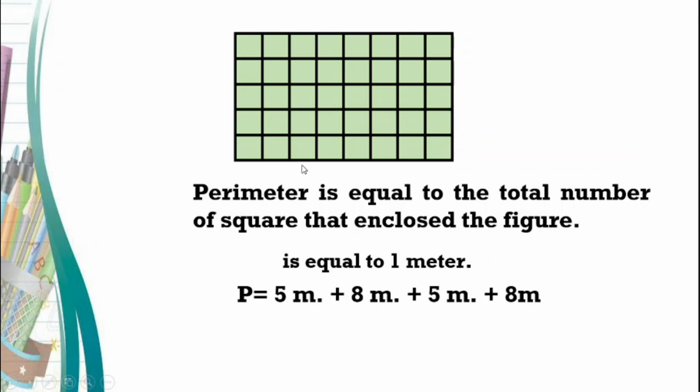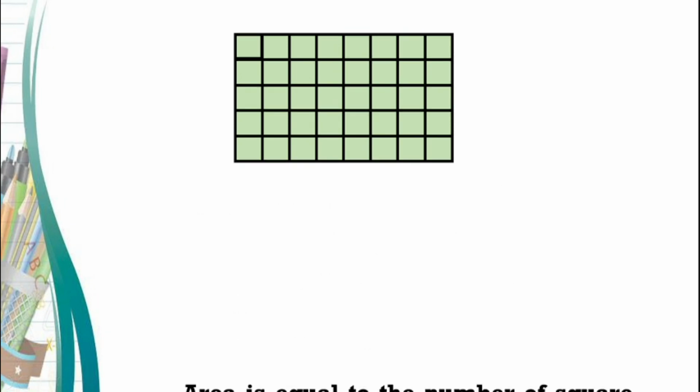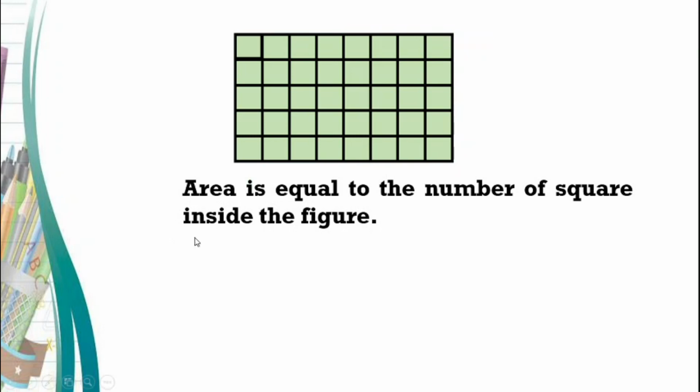And 1, 2, 3, 4, 5, 6, 7, 8. We have 8 meters. And another 8 meters to the other side. So we have 5 plus 8 plus 5 plus 8. We have the total perimeter of 26 meters. And for solving the area, it is equal to the number of squares inside the figure. So it is equal to 1 meter also.